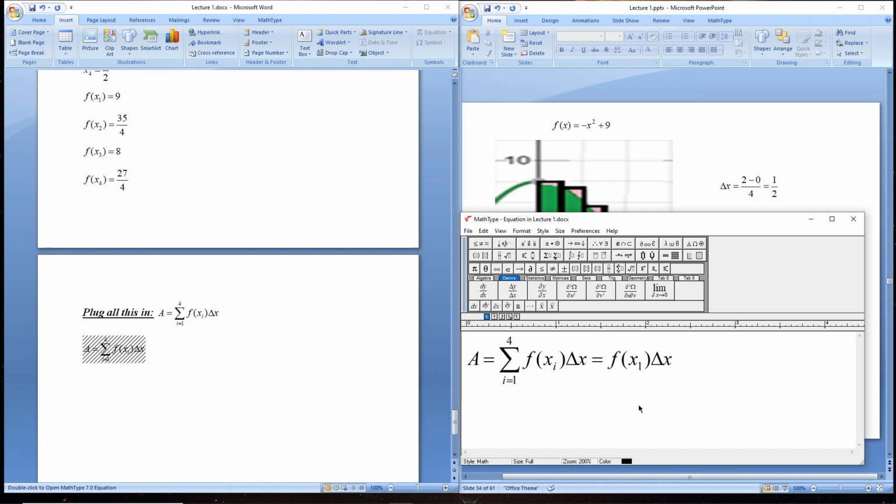That's our first term, plugging in 1. And now the summation sign says, great, now add the next term when i equals 2. Well, when i equals 2, we have x sub 2 into the function.